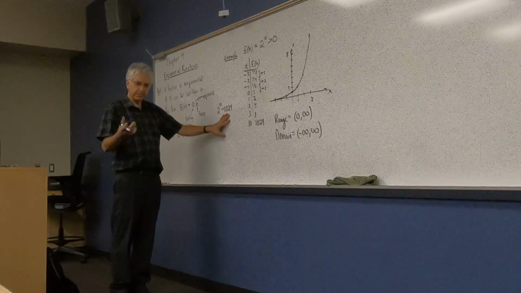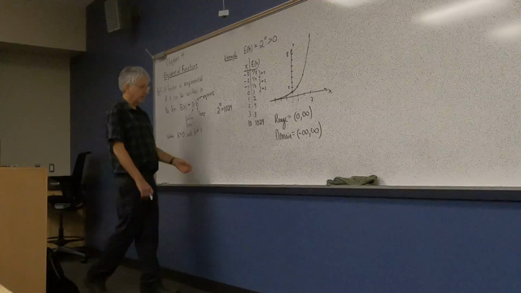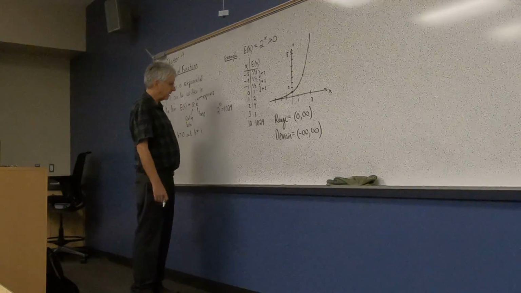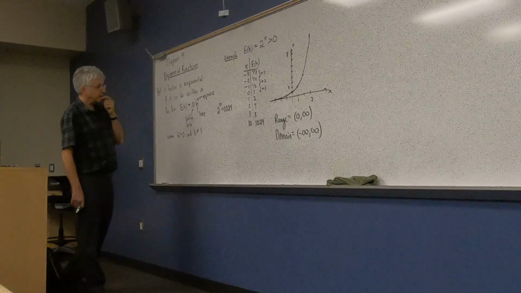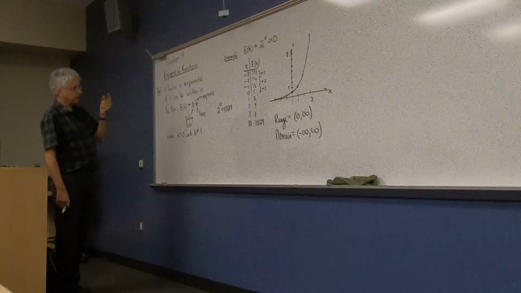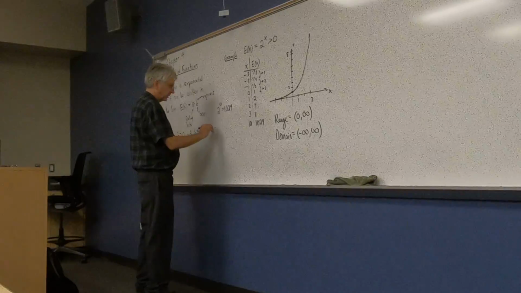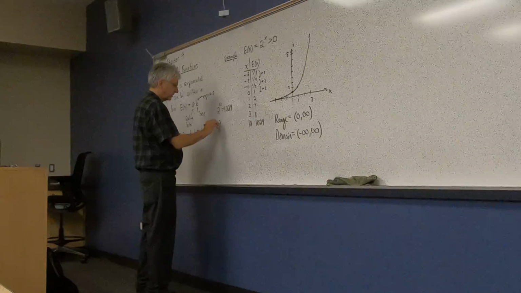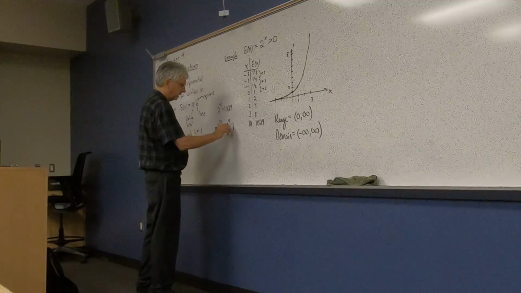I use this sort of in the past tense because the problem is that if you've got a gigabyte, then you've got 1,000 of these things. So if you got 2 to the 20th, what's that? Well, that's going to be 2 to the 10th times 2 to the 10th, right?